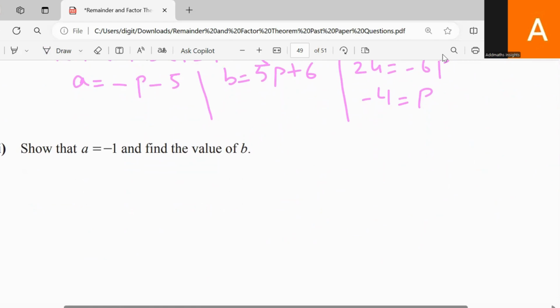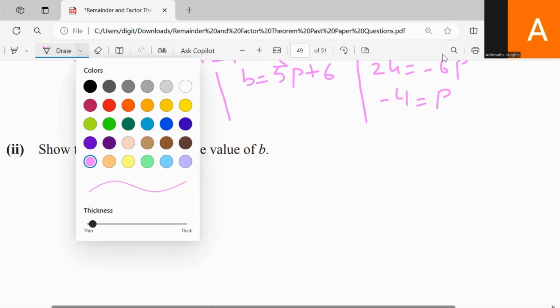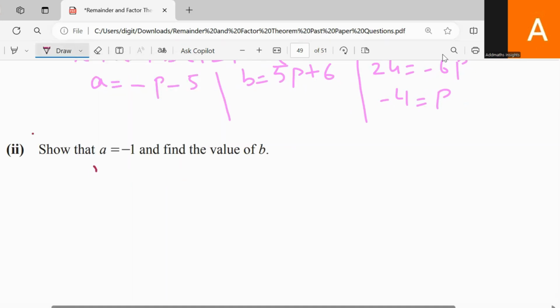Similarly, you substitute this value of p in this equation, which is a is equals to minus p minus 5. We write this a is minus p minus 5. Now we substitute the value of p, which is minus 4 here, it will be 4 minus 5. So a is minus 1.